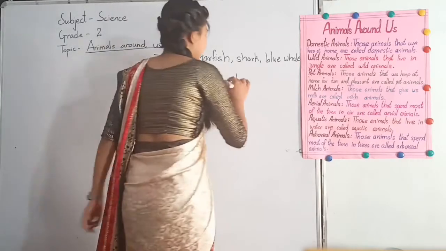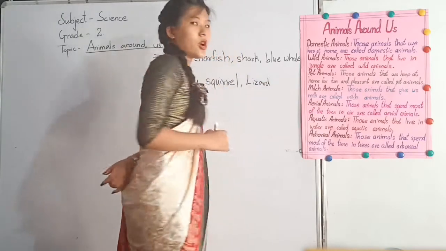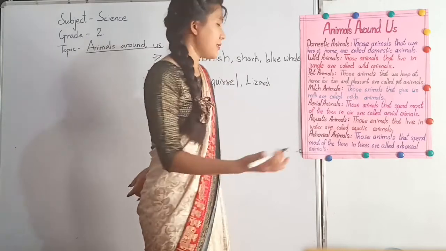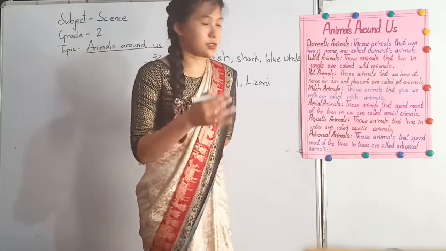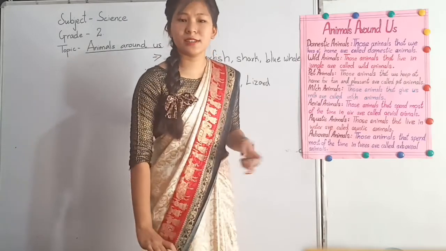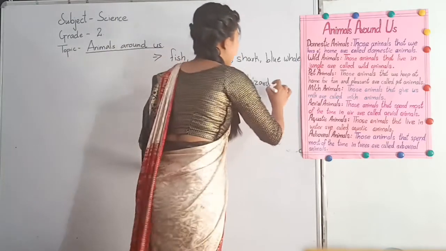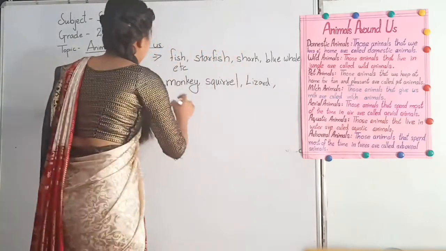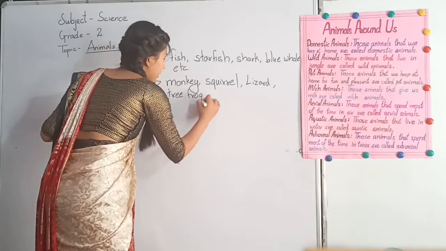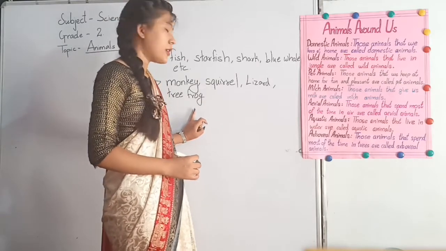Now next, lizard. Lizards also spend most of their time in trees. So lizard is also a what? Arboreal animal. Now next example is tree frog. Tree frog means frogs that live only in trees.